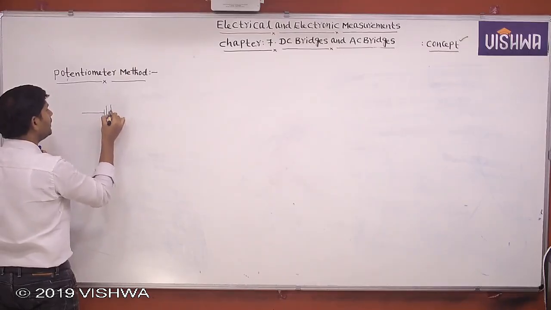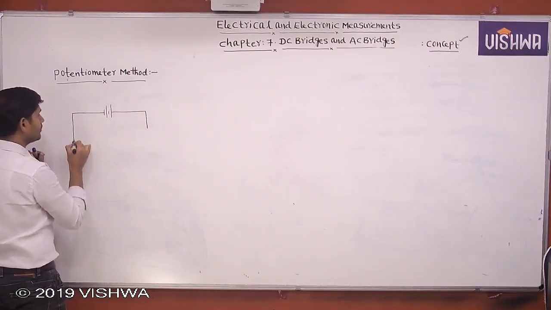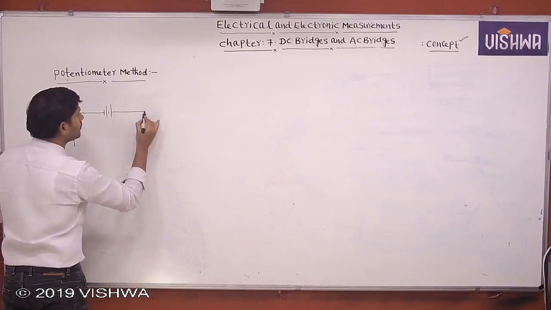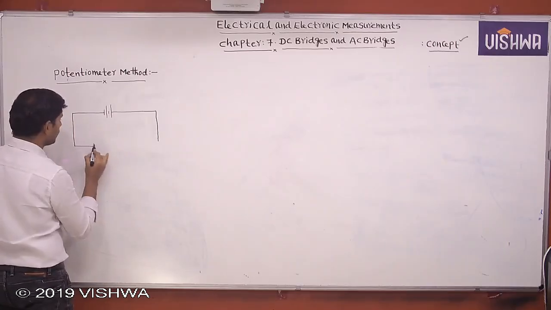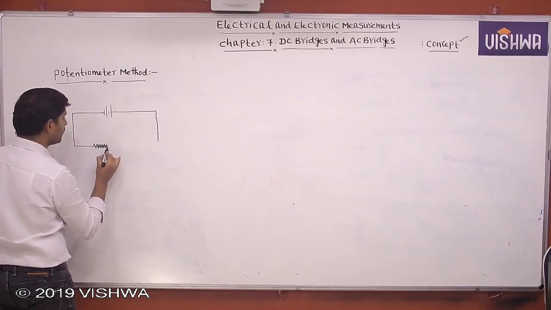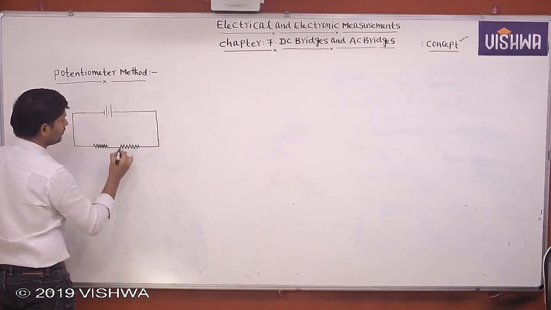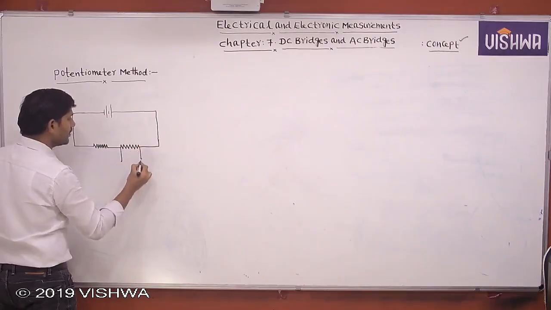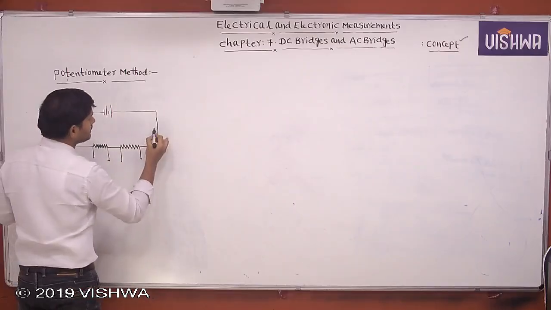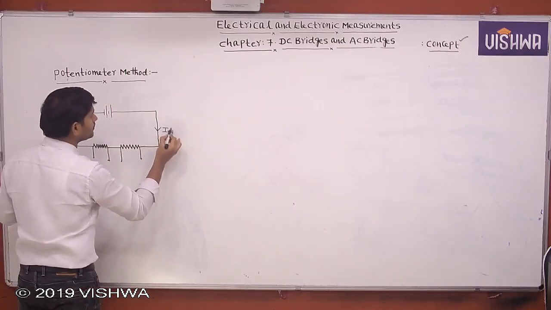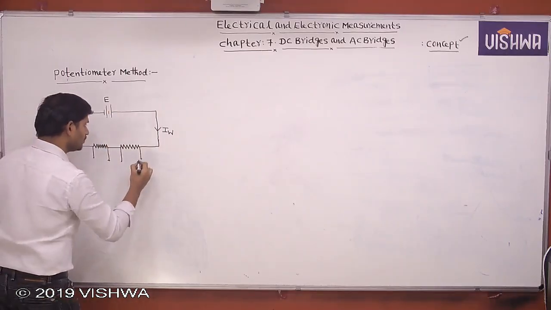This is the battery. We know that low resistance is represented with 4 terminals. Let this current be the working current, IW. This is the battery.